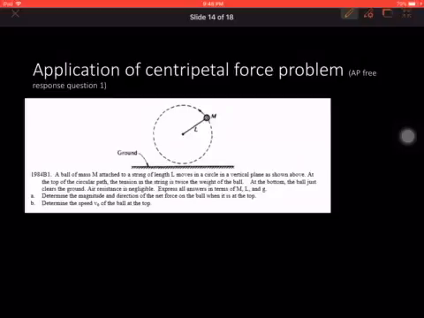So it's asking for when it's going to be right here, at the top. So what forces are at play here?